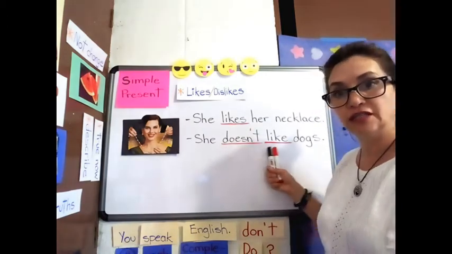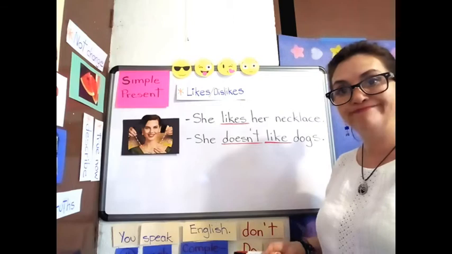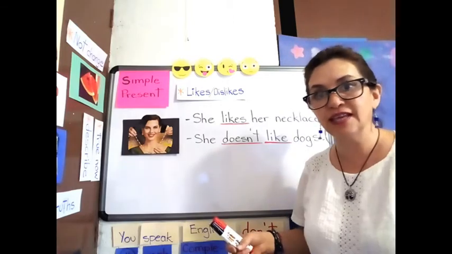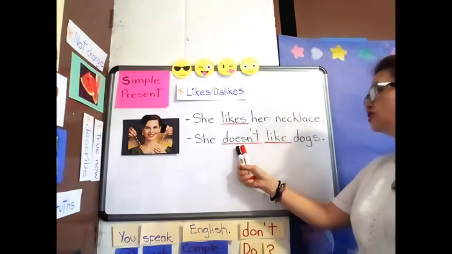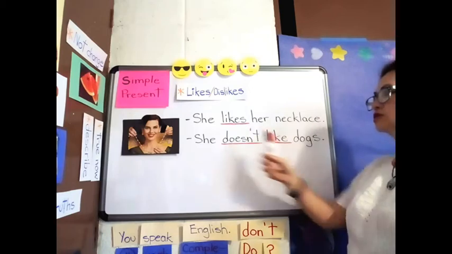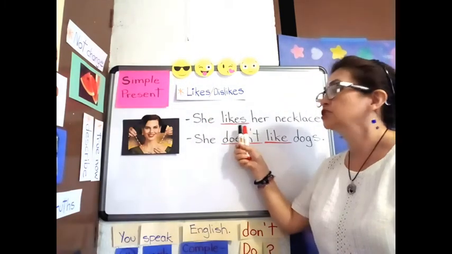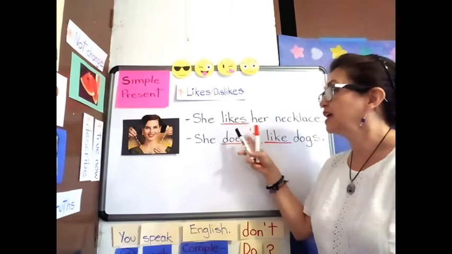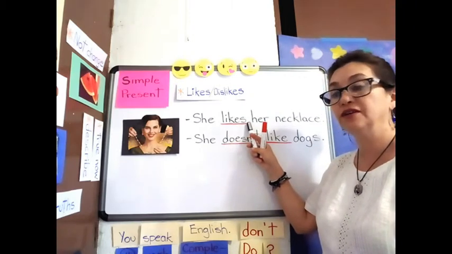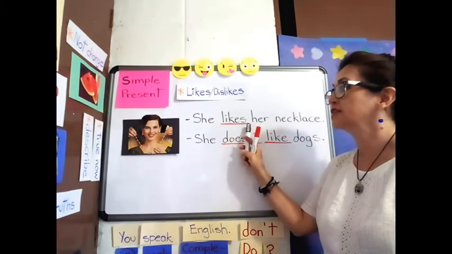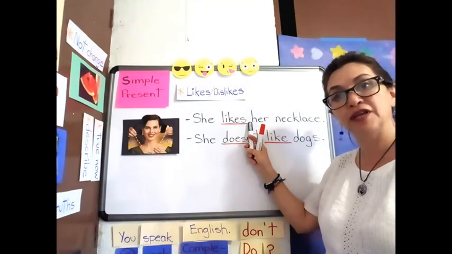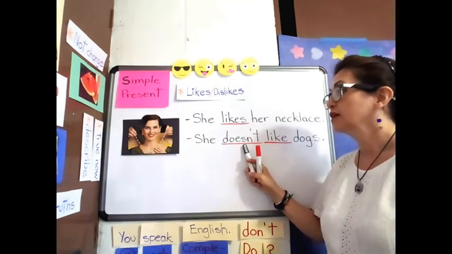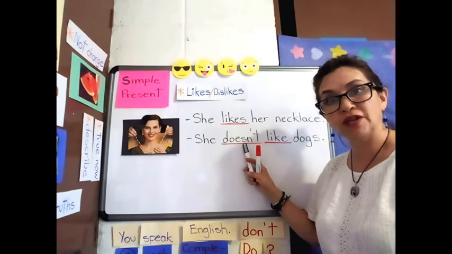She doesn't like dogs. Can we read the sentence again? She doesn't like dogs. Affirmative. She likes. The S for third person is here. But in a negative form, this S goes to the auxiliary verb do.